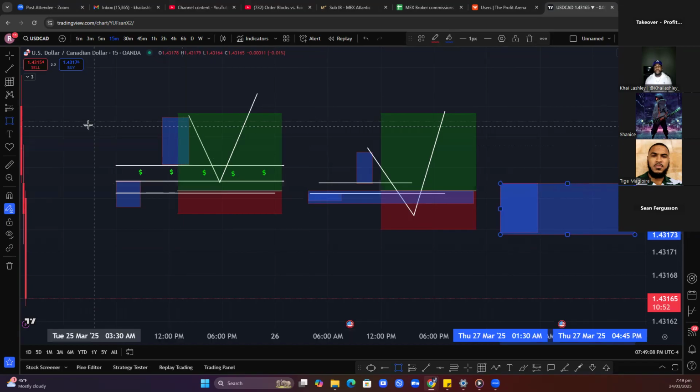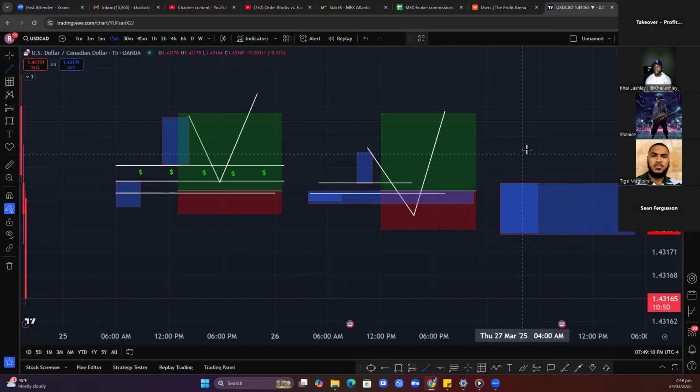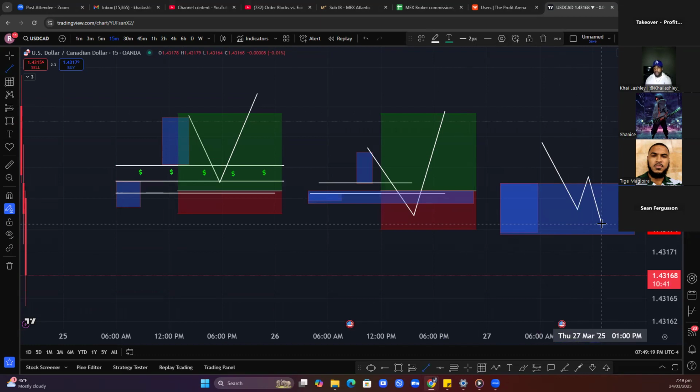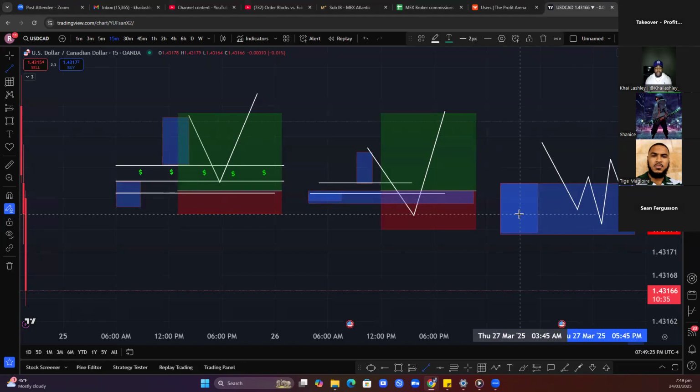Very simple. When price trades back into the area, all you're doing is dropping the time frame and waiting for lower time frame breaks of structure.